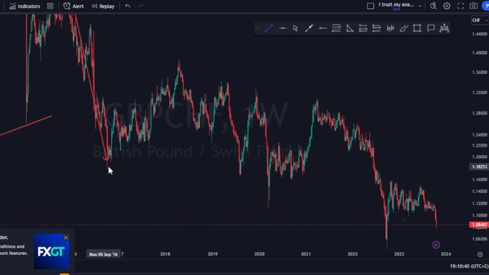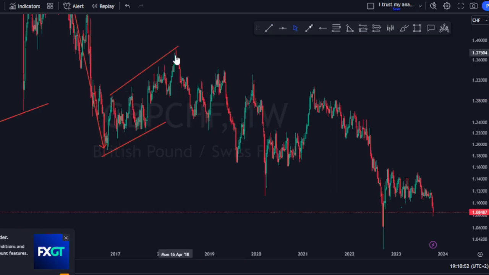Let's see if we do this, do this there, we do see that price did push down again.